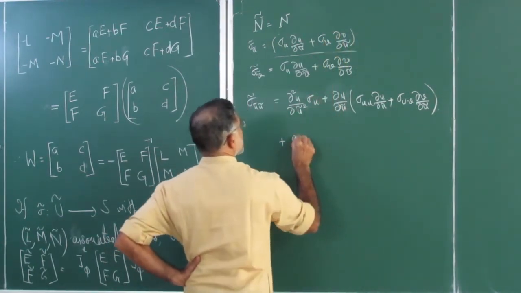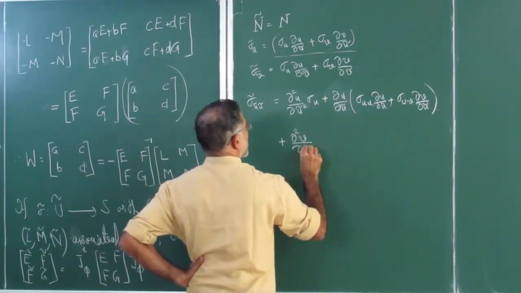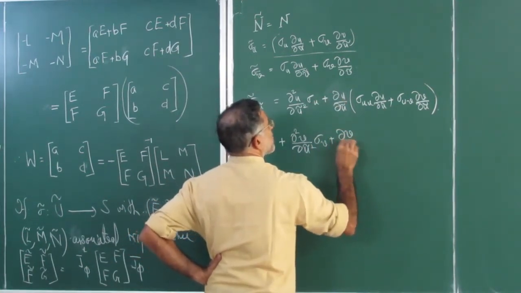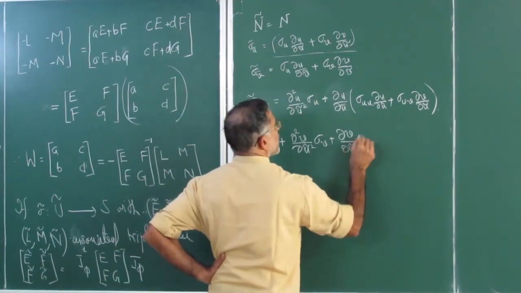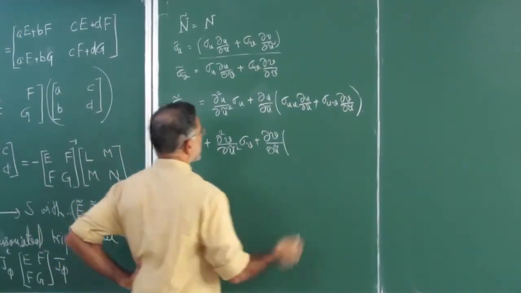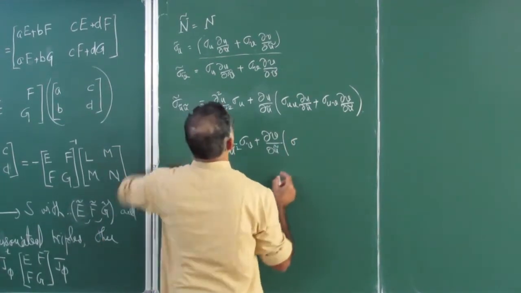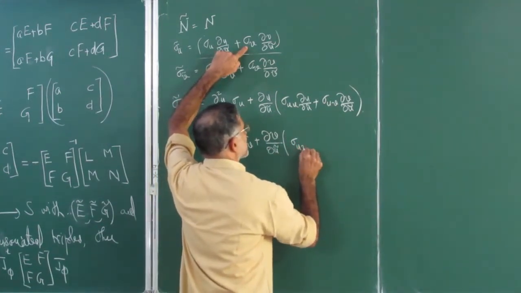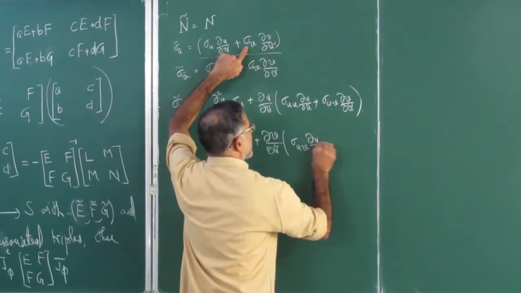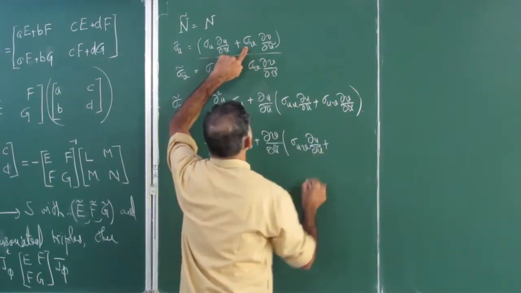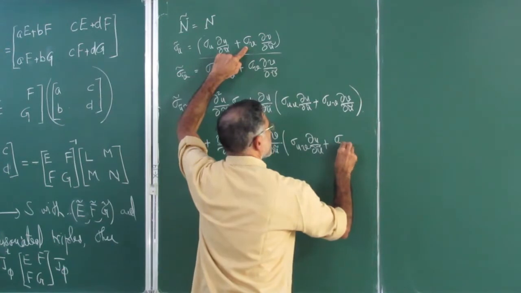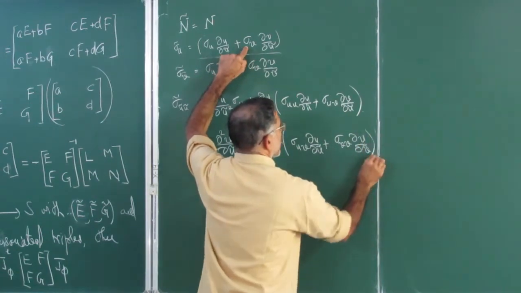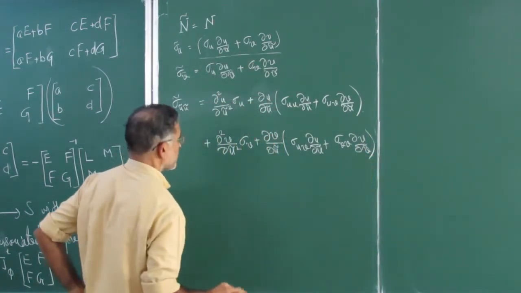First this is quite easy, d square v by d u tilde square sigma v, plus dv by du tilde into derivative of this with respect to u tilde. Again chain rule. So sigma v, you differentiate with respect to u first, sigma vu, we can write it as sigma uv, and du by du tilde, plus differentiate that with respect to v, sigma vv dv by dv tilde. So that's quite fine.